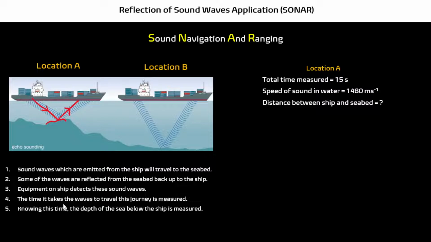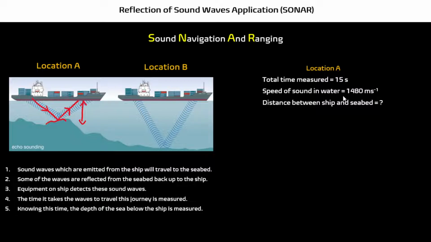So the total time it takes for the waves to travel once to the bed and once back to the ship is measured. And knowing this time, we actually can calculate the distance or the depth of the seabed below us. Now, for location A, right, the total time measured was 15 seconds.